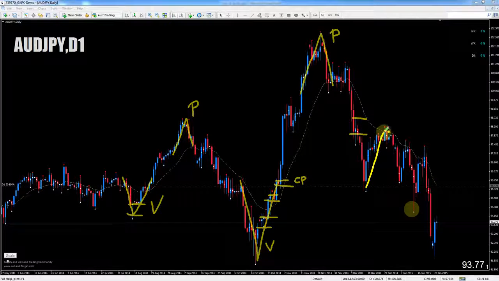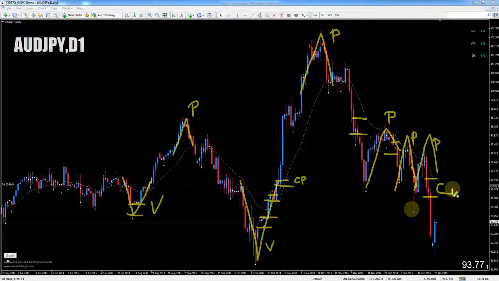This is a rally-based drop, this is a peak, another swing, this is a drop-based drop, this is a CP, rally-based drop, peak, rally-based drop, peak, drop-based drop, CP, potential CP, pre-CP. We'll see that.